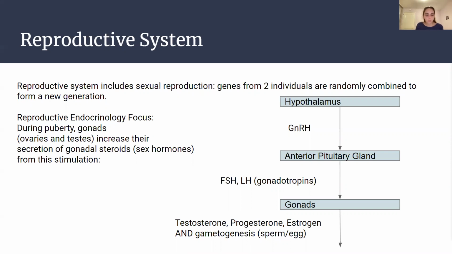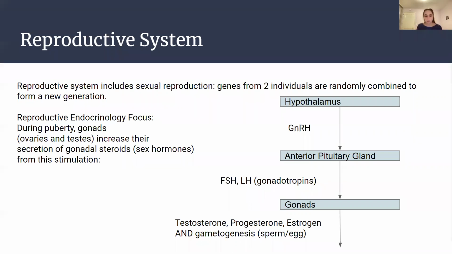So we wanted to provide an example from reproductive endocrinology. The example refers to what happens during puberty, when there is an increase in the release of our gonadal steroids, otherwise known as our sex hormones. During puberty, the gonads, which are the ovaries in females and the testes in males, increase their secretion of sex hormones.